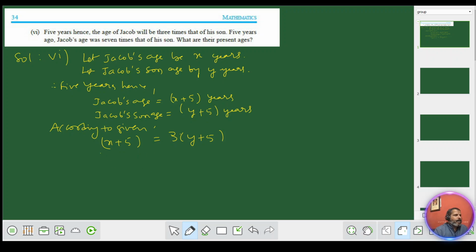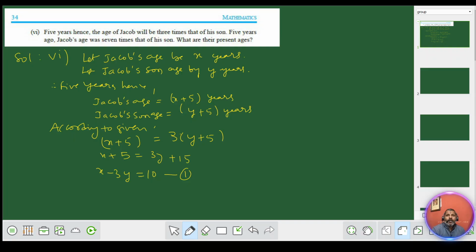Open the bracket: x plus 5 is equal to 3y plus 15. 3 into 5 is 15. Take 3y to the left-hand side, the equation becomes x minus 3y equal to 15 minus 5, that is 10. This is one equation.